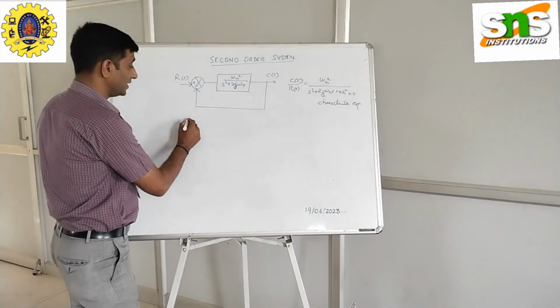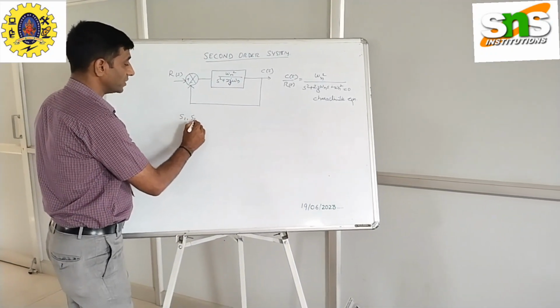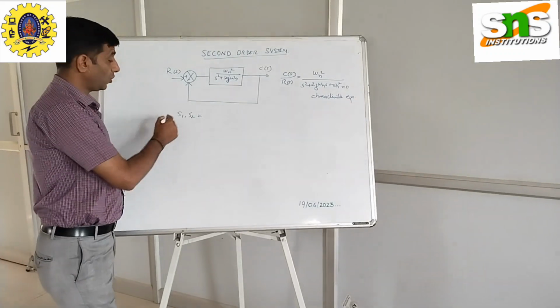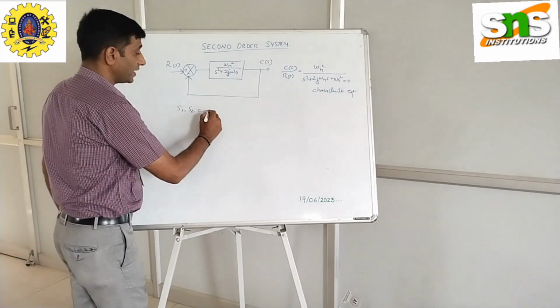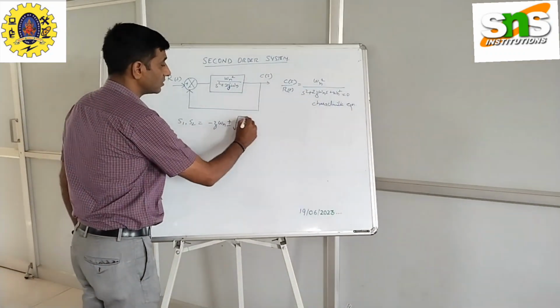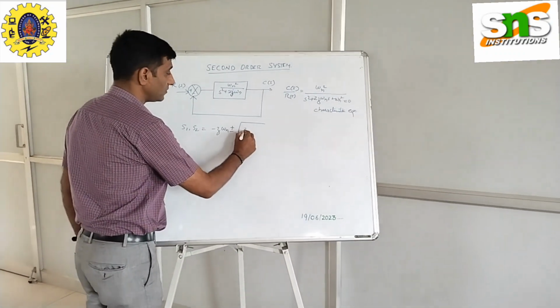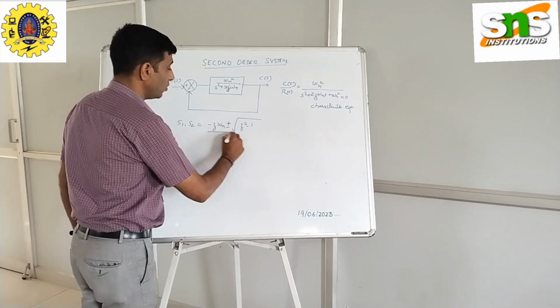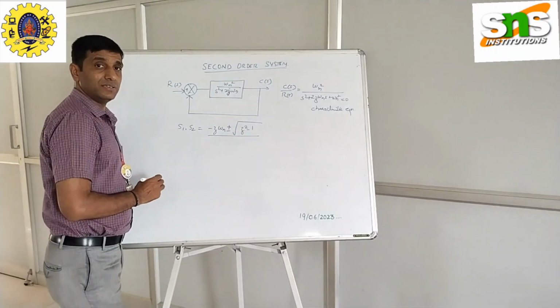When you find the roots, there are two roots, s1 and s2, which are given by minus zeta omega n plus or minus omega n root of zeta squared minus 1.